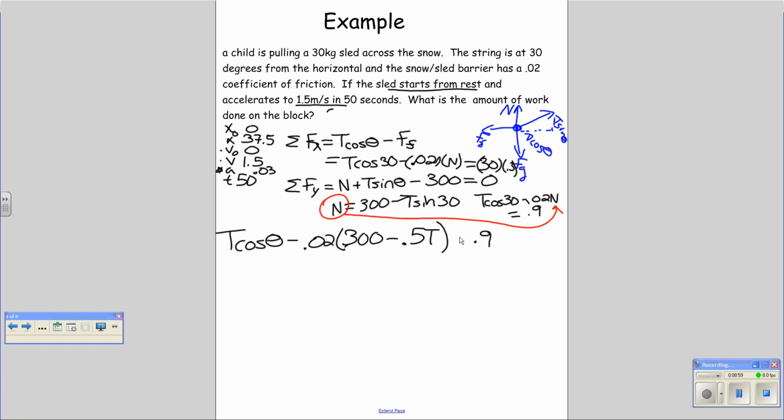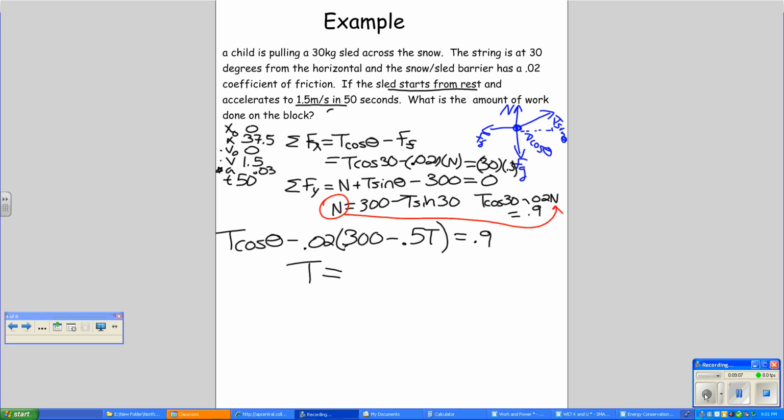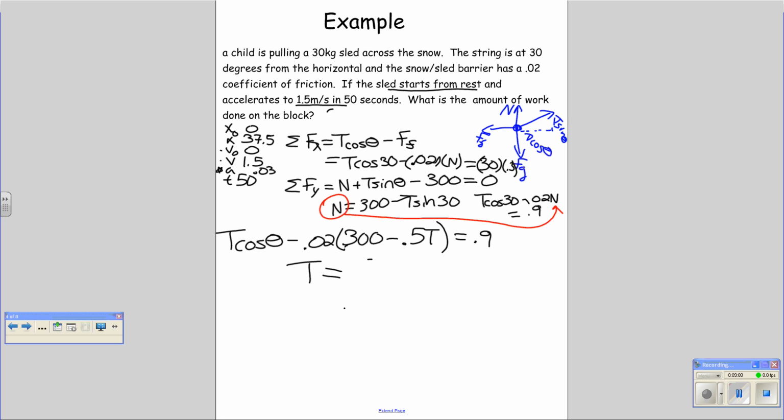So I just plugged in n, and from there, we can solve for what tension equals. T equals 5.05 newtons. Now from there we can go back and solve for normal, but I do not believe we need it, at least not right now. Okay.